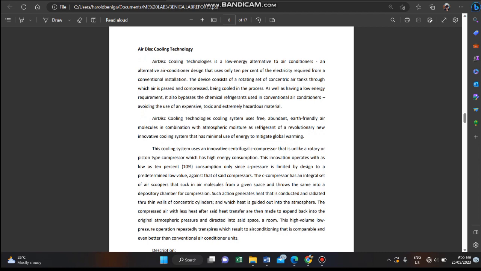The device consists of a rotating set of concentric air tanks through which air is passed and compressed, being cooled in the process. As well as having a low energy requirement, it also bypasses the chemical refrigerants used in conventional air conditioners, avoiding the use of an expensive, toxic, and extremely hazardous material.